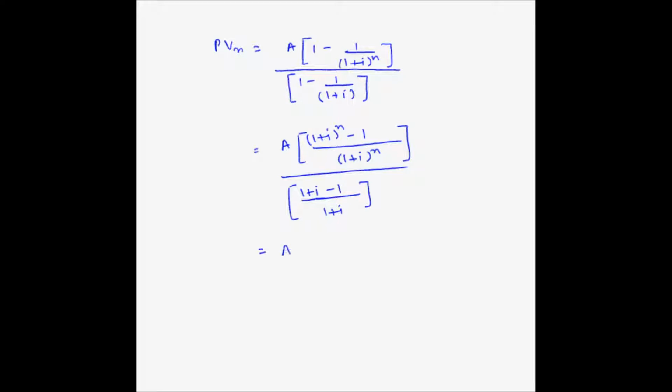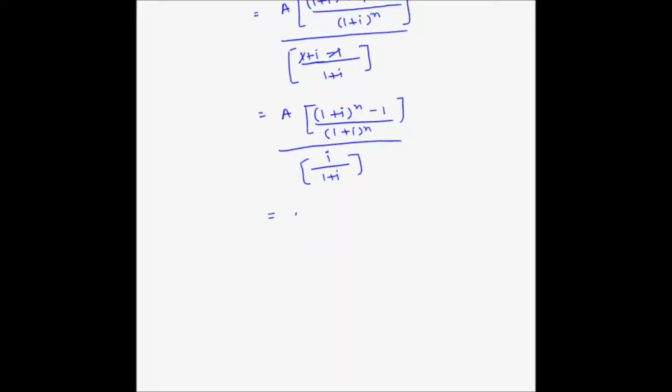So this is equal to A into bracket 1 plus I to the power n minus 1 divided by 1 plus I to the power n. Now in the denominator this 1 gets cancelled with minus 1, so the denominator becomes I divided by 1 plus I.